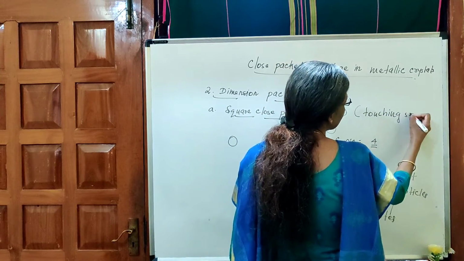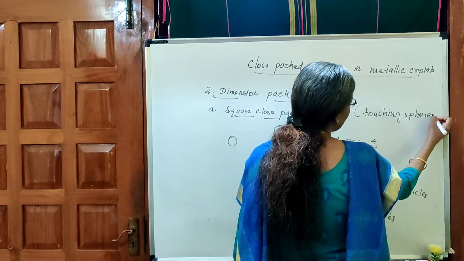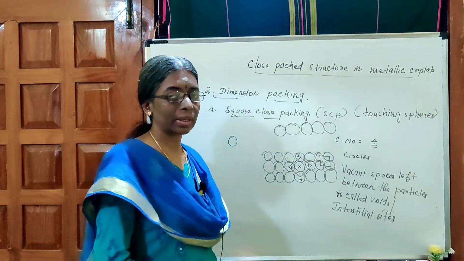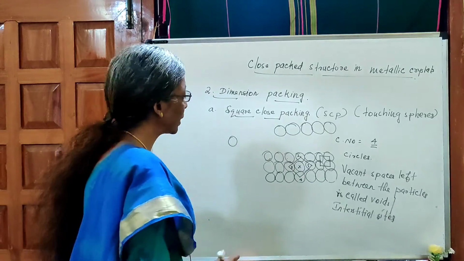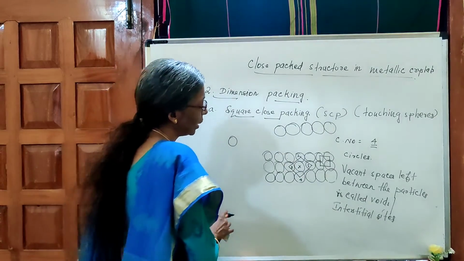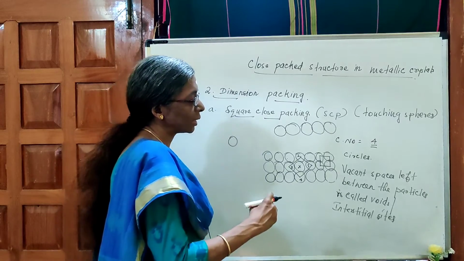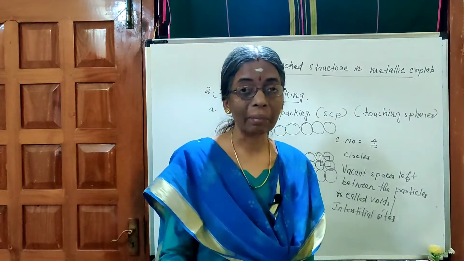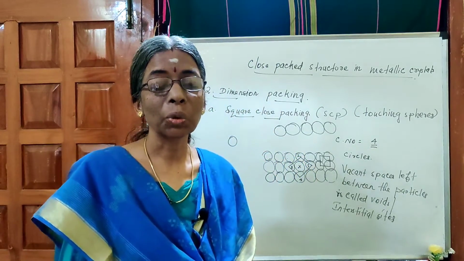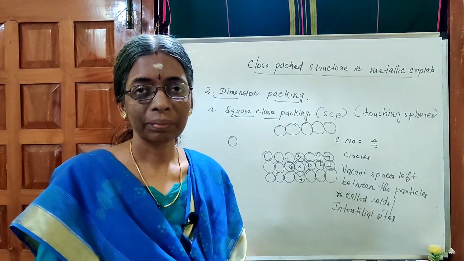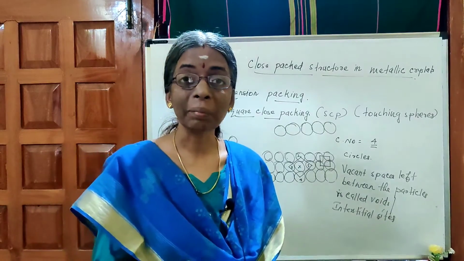Touching spheres means, we'll study later, non-touching spheres also exist. Here it is touching spheres. The next one, square close packing: when you extend the square close packing in 3 dimensions, you will get a cubic structure. That means you are getting a primitive cell.